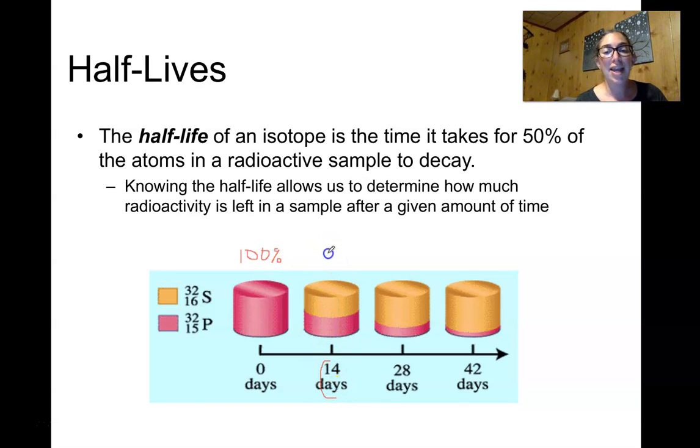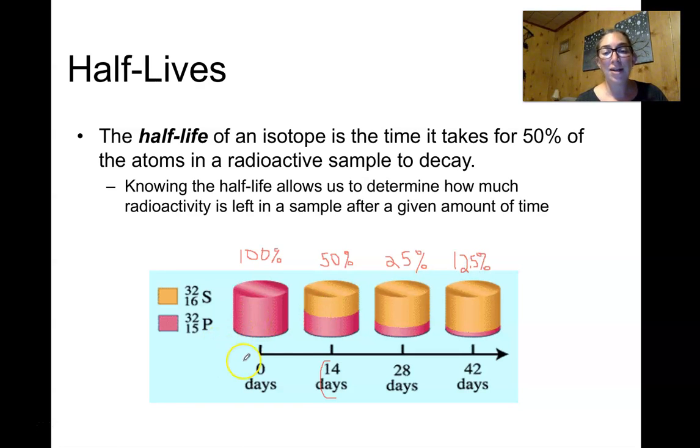And so at 14 days, half of that material is radioactive, so only 50% left. And then another 14 days later, after another half-life, you halve it again. So now it's at 25% activity. And so on and so forth. So we go another half-life, we divide by 2 again. So after 3 half-lives, we have only 12.5% activity left.